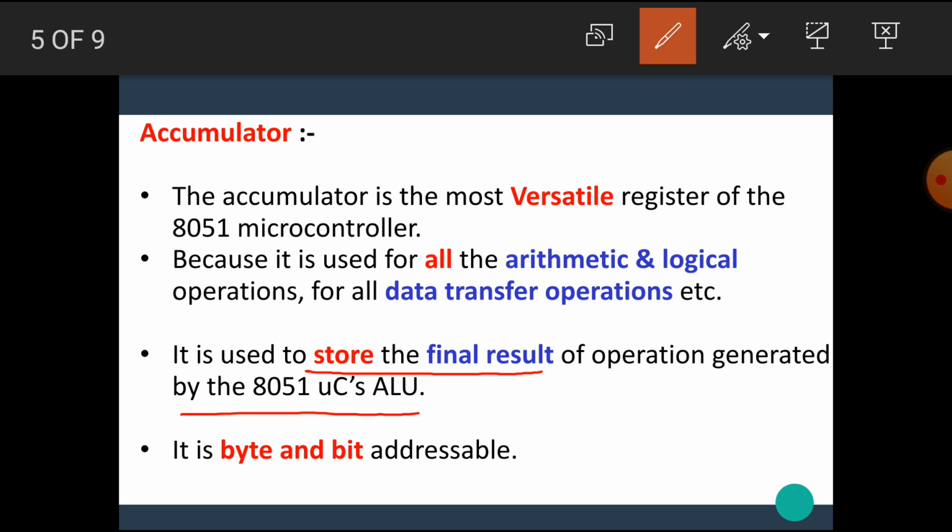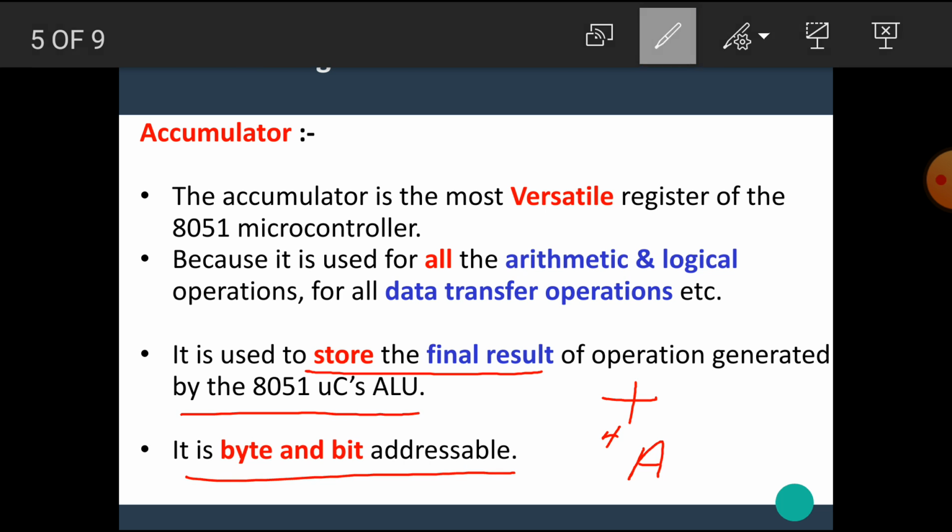For example, if the ALU performs the addition of two numbers, then the result of this addition is stored in register A. I hope you understand. Next, the accumulator is a byte and bit addressable register.